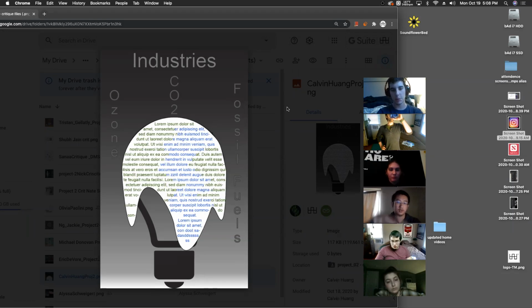The text right now is a stand-in, but I want to put in statistics like how much the planet is worth and how much damage we're causing, the forest fires in California, that type of stuff. So it's melting onto the light bulb, and the colors of the word are supposed to represent earth, to give it an earth-like feel.